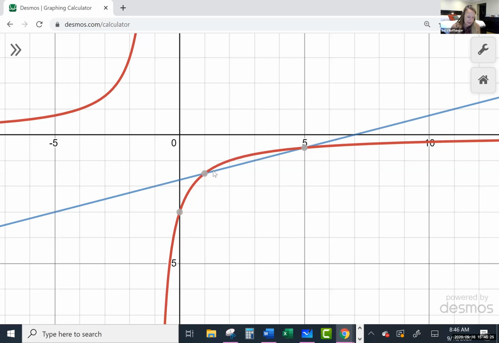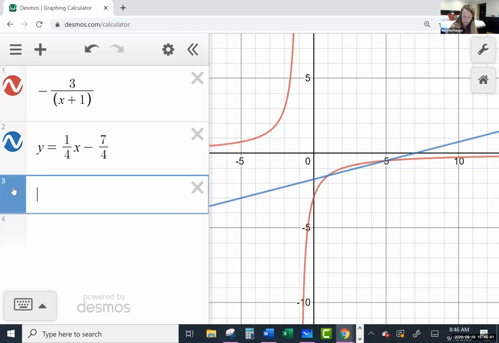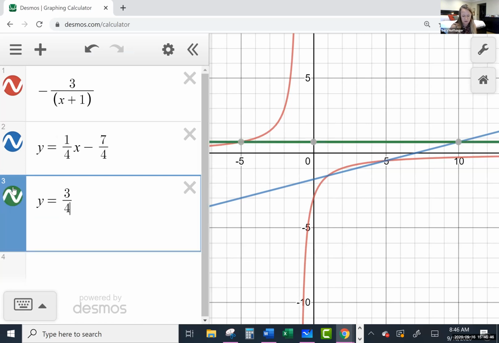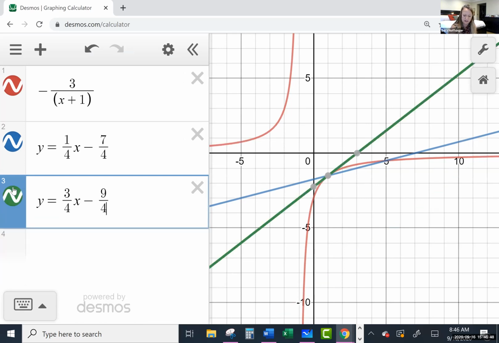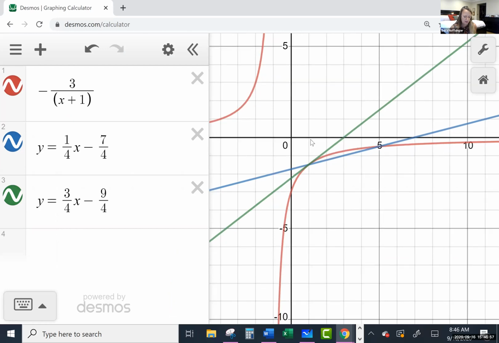And now let's look at adding in the tangent line for a second. So our tangent line was y is equal to 3/4 x minus 9/4. So this was a line that had the slope exactly at x equals 1 of our function f of x.